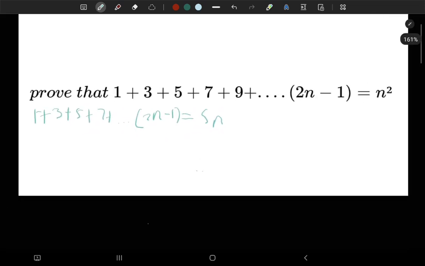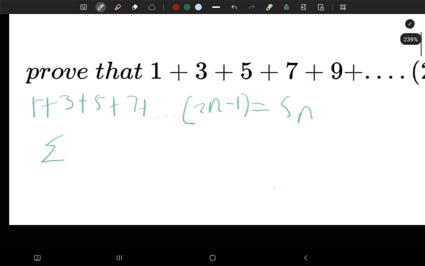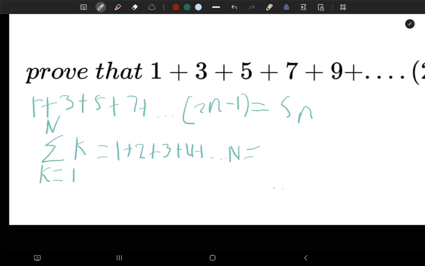And we can also observe that the sigma summation of k equals 1 to n of k is simply equal to 1 plus 2 plus 3 plus 4 and so on to the nth term, which is equal to n times n plus 1 over 2.